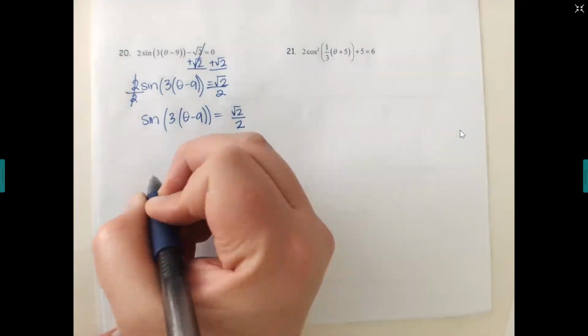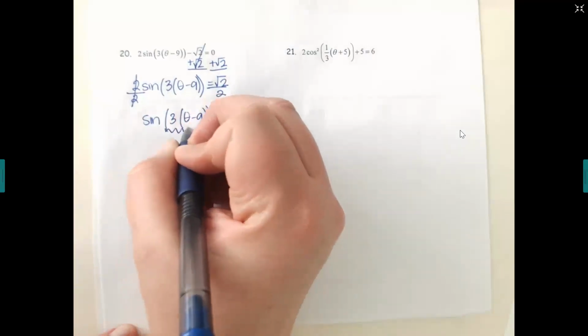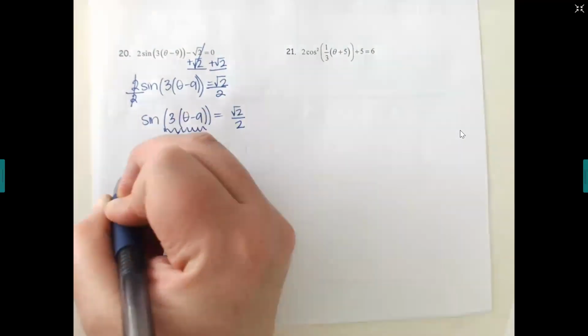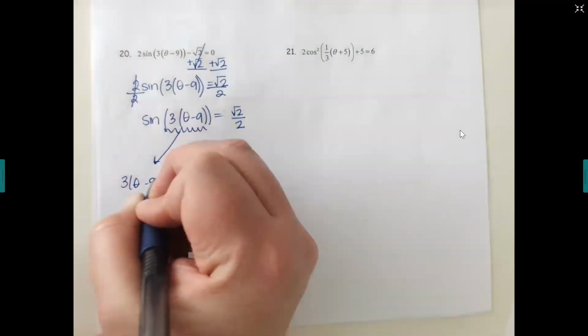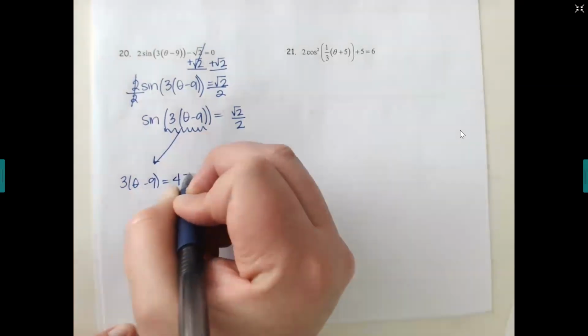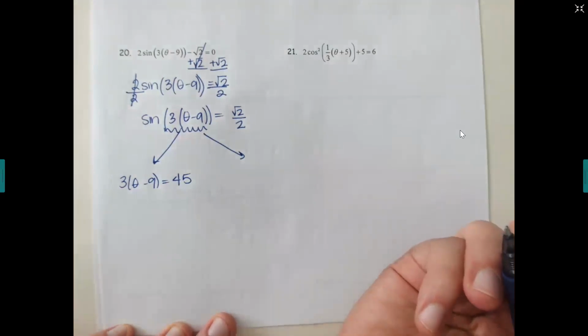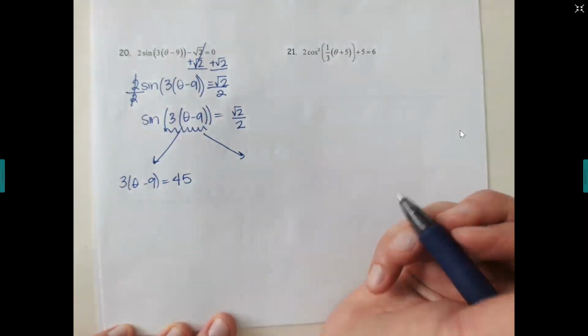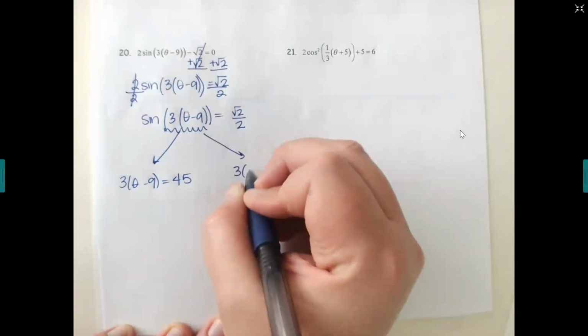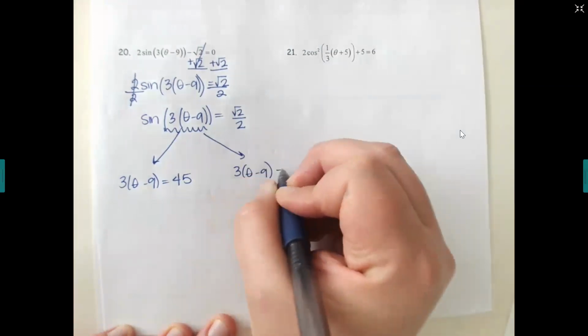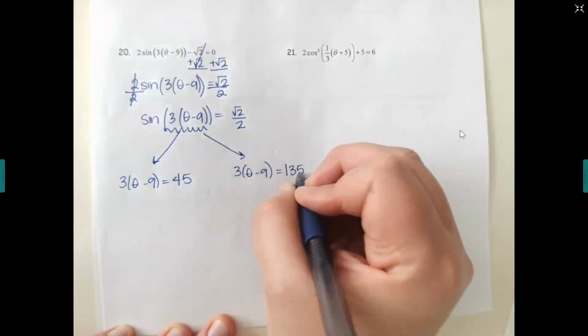Okay, 45. So I'm going to put 3 theta minus 9 equals 45. And then can you tell me the other spot? There should only be one more. 135 is correct. Very good. So 3 theta minus 9 equals 135.